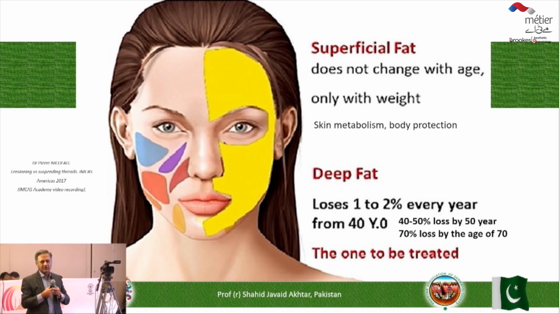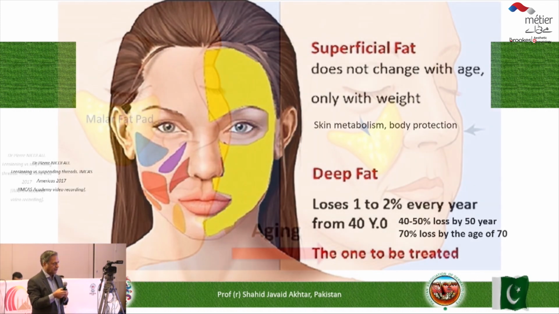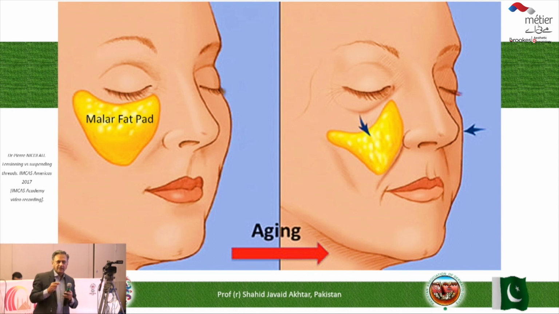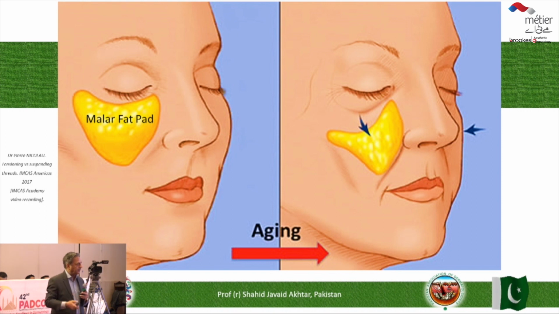Even 70% fat loss by the age of 70 is a very big one, and that's why we mainly inject in the deep tissue instead of injecting the superficial one. The superficial fat, which is the second layer of the skin, doesn't change with the age. It only drops down, and the reason being there is a shrinkage of the skull, the whole volume of skull shrinks, the deep fat pads, they atrophy, and that's why it drops down.